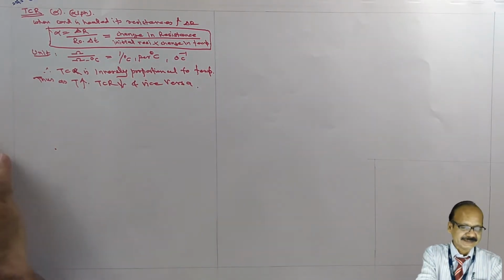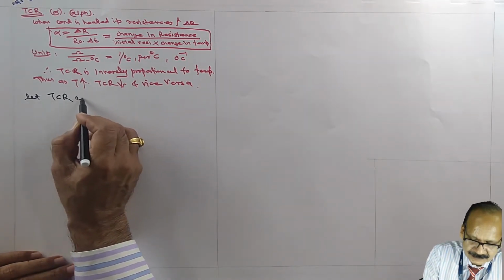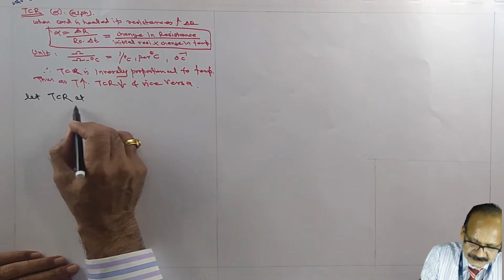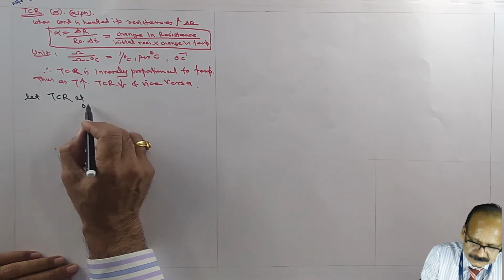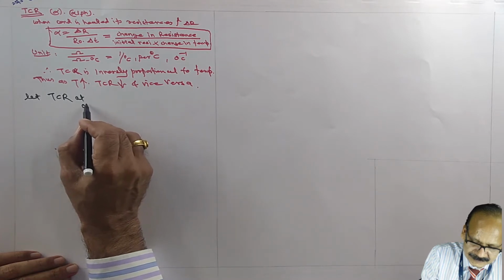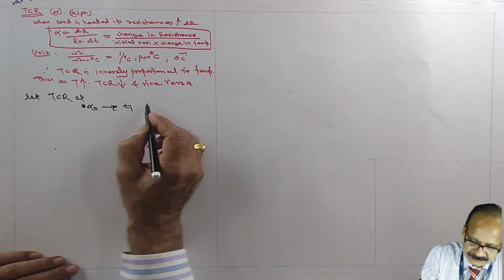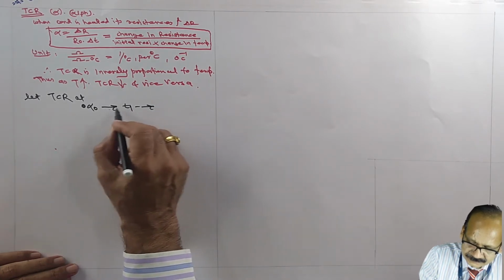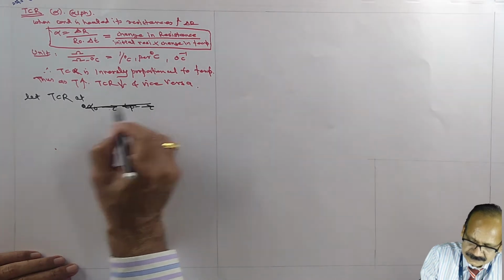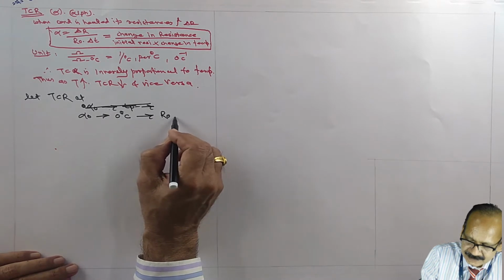Let the TCR alpha 0 correspond to 0 degree Celsius and the corresponding resistance is R0.